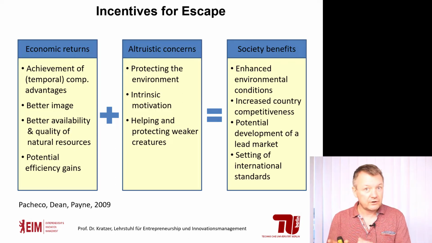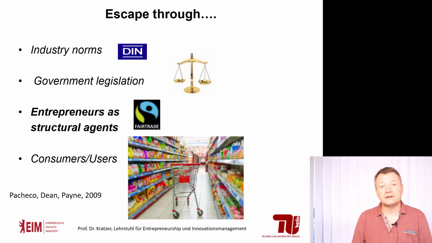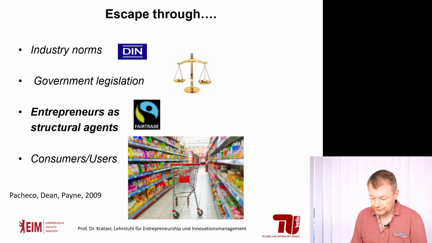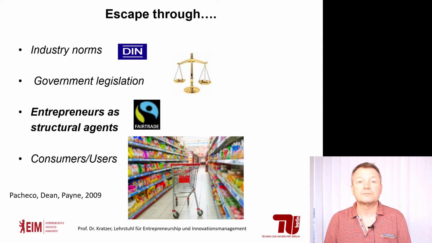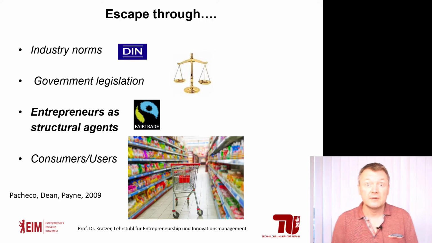I'm not going along fully with the side which is displayed and discussed in this article. I think there are four main instruments that can put forward the development of more sustainable enterprises, more sustainable businesses and business processes.